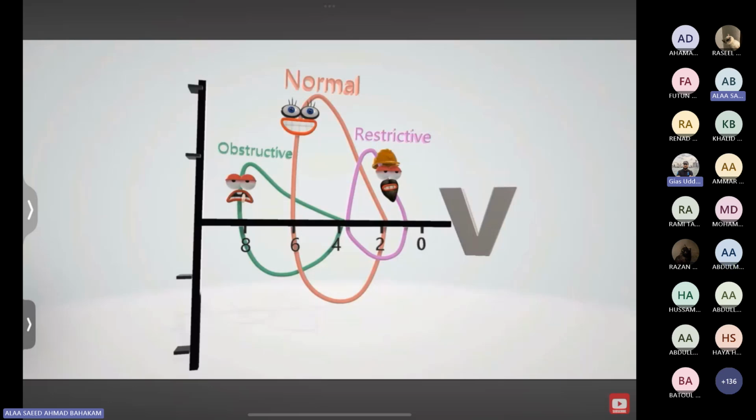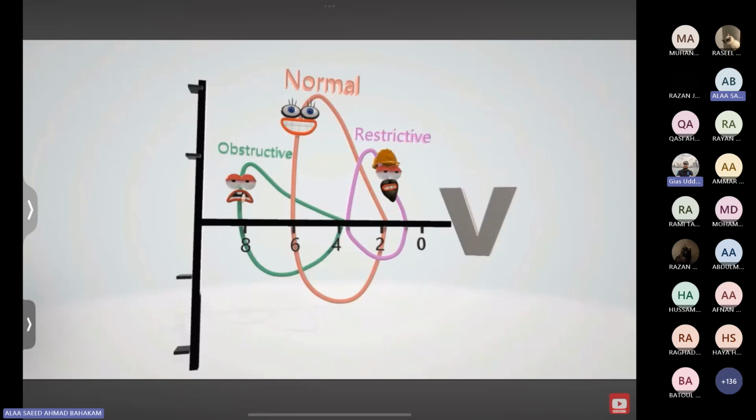This is the normal. In the obstructive lung disease, what is the total lung capacity? 8 liter. So in the obstructive lung disease, the total lung capacity is increased, right? Okay. In the obstructive lung disease, what is the residual volume? 4 liters. Yeah. So is this clear now?